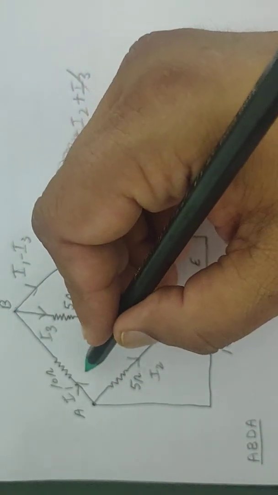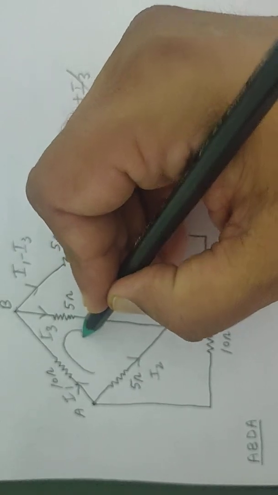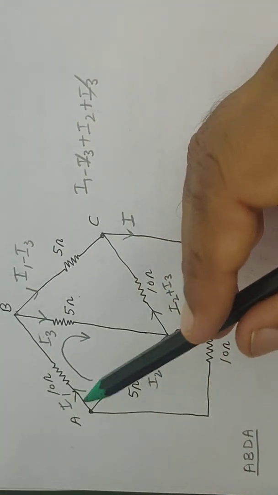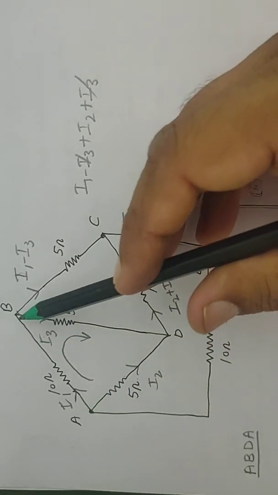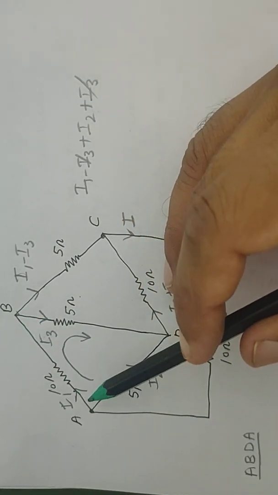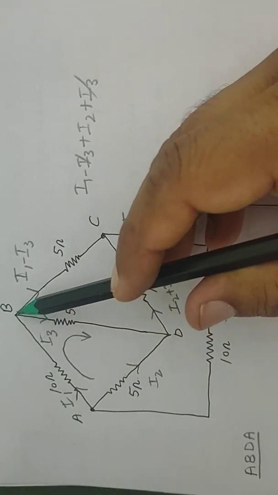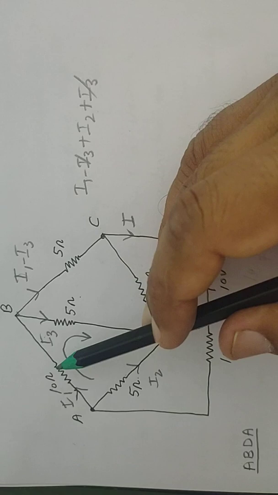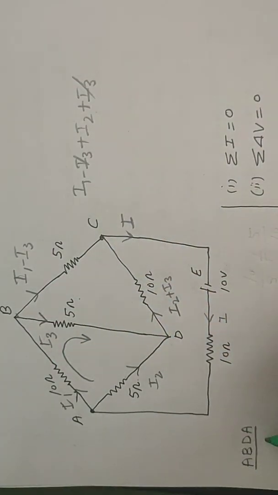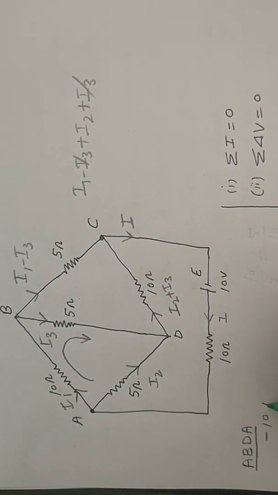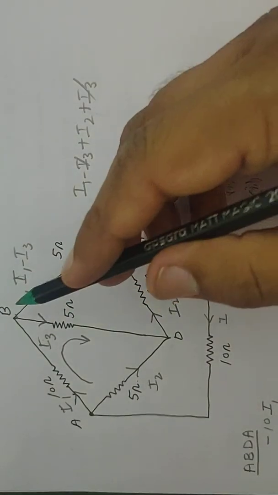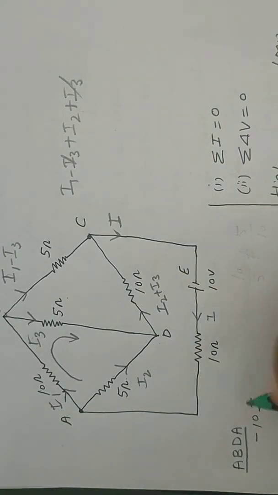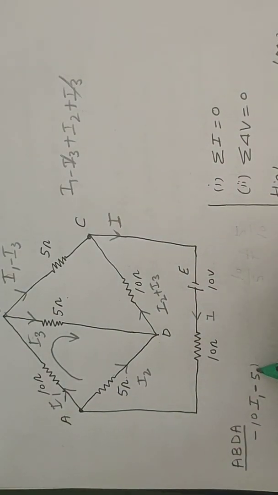So first of all, we take the A, B, D, A loop. We move in clockwise direction. Now we are going from high potential to low potential, as current always flows from high potential to low potential. So here we take change in potential negative. So here we get minus 10 I1. Again we are going from high potential to low potential, so here we get minus 5 I3.